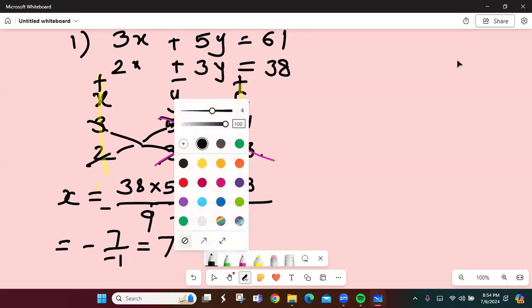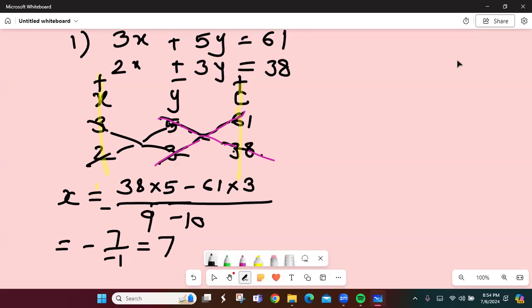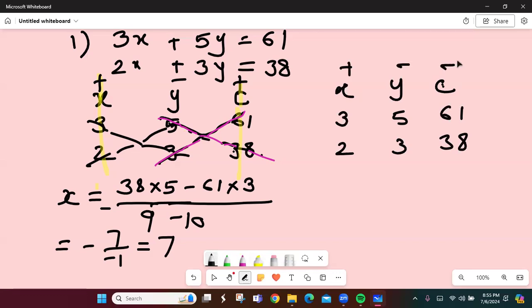Now to find out y, again write these coefficients. So 3, 2, 5, 3, 61, 38, and the signs are plus, minus, plus. So to find the value of y here, just when you were finding the value of x, you had cancelled x column.